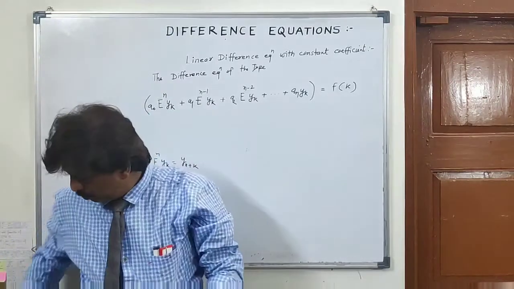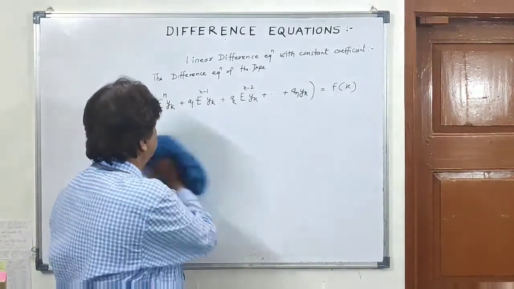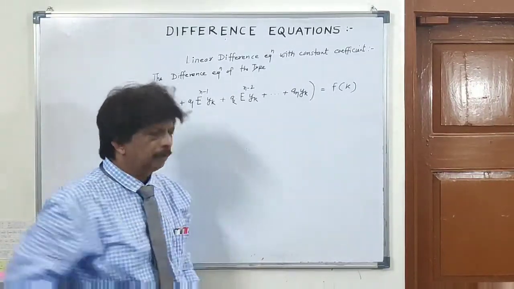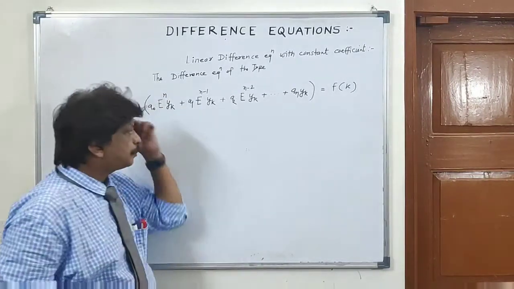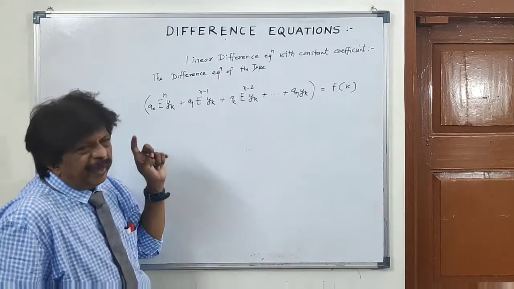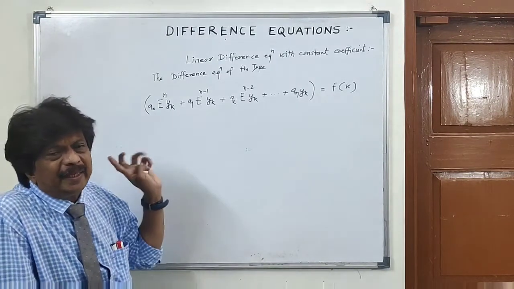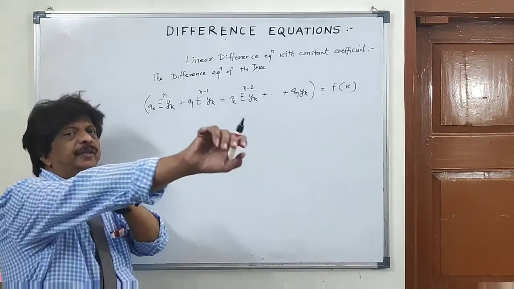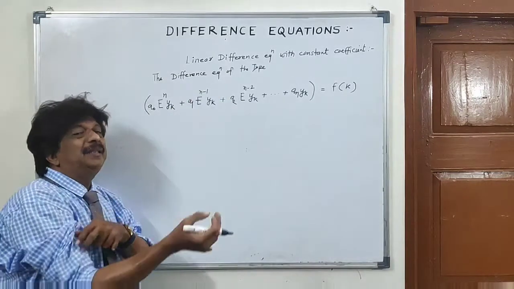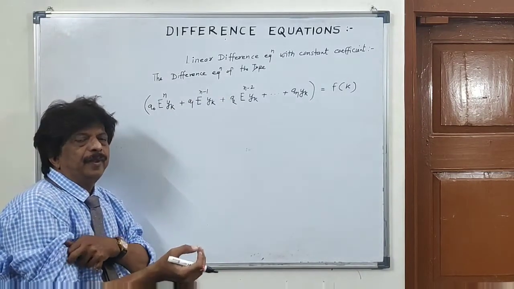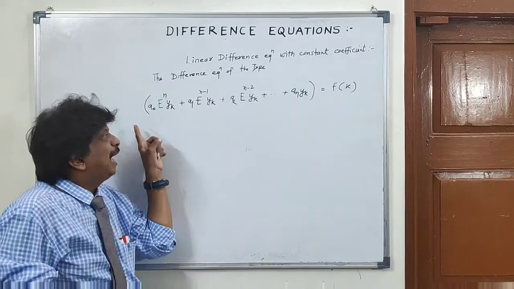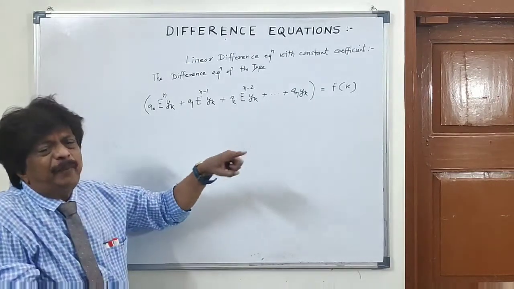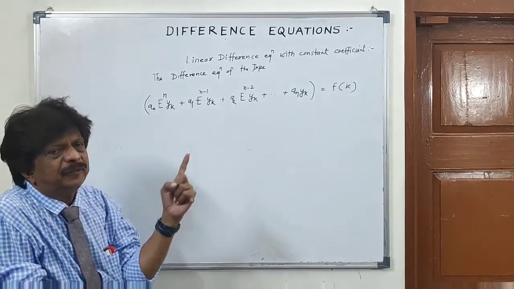Likewise, A0, A1, A2, A3 are the constant coefficients. E is a shift operator. We are going to solve such type of equations.